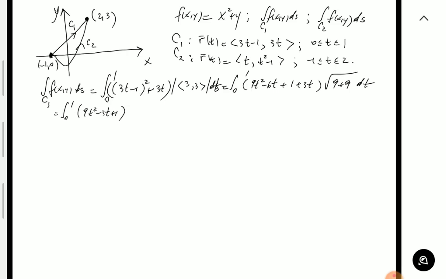Square root of 18 makes it 3 root 2. We can pull that constant out and then integrate: 9t cubed over 3 minus 3t squared over 2 plus t, between 0 and 1.